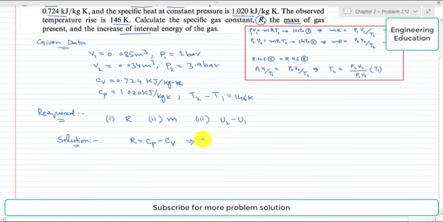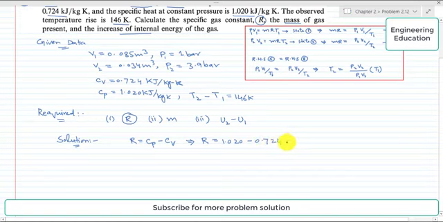Just putting these values in this expression, you will find the value of R. So Cp value is 1.020 and the value of Cv is 0.724.